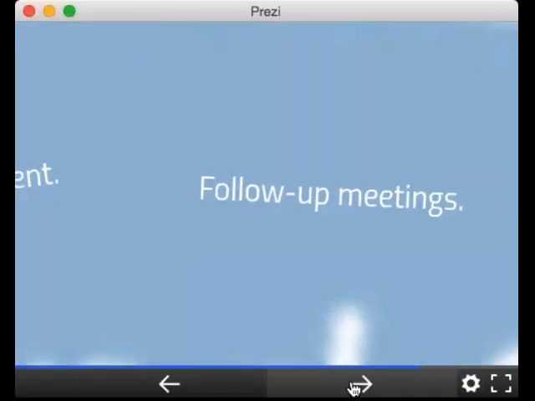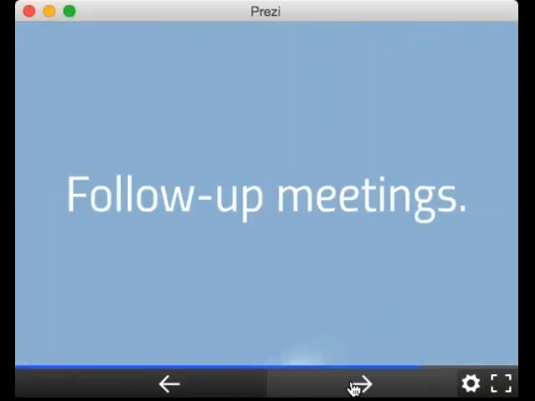We also want to have follow-up meetings with the groups that we're reporting to. I know this sounds like a simple thing, but it's critically important to the evaluation process, and it's critically important for two reasons. The first is we want to make sure that after we give people the information, that they understand it.